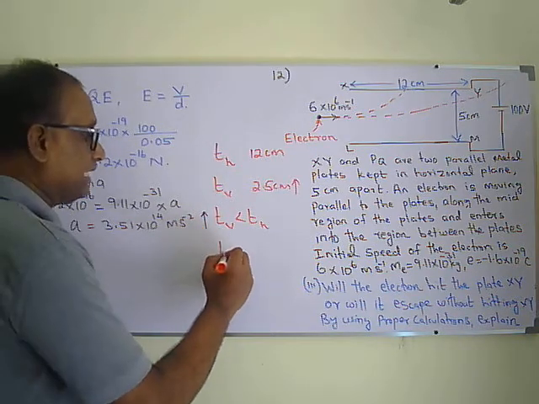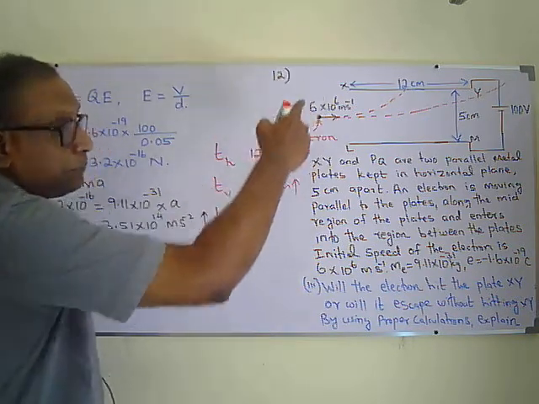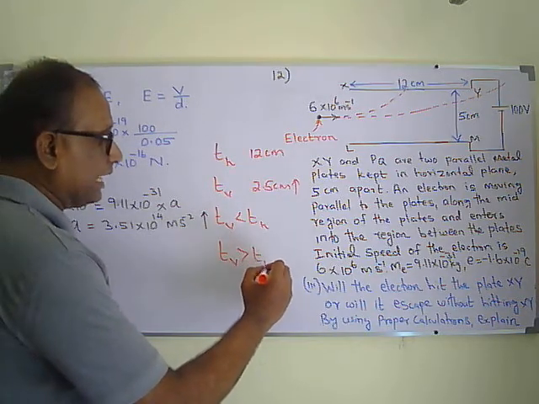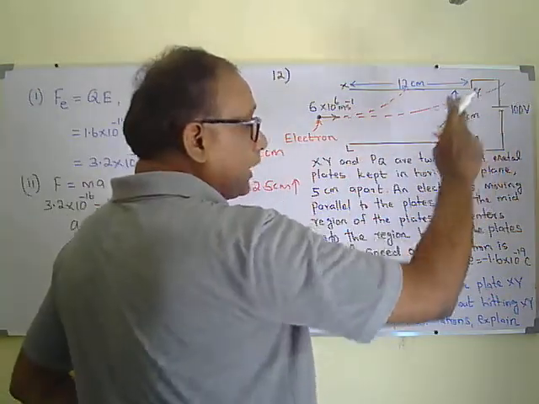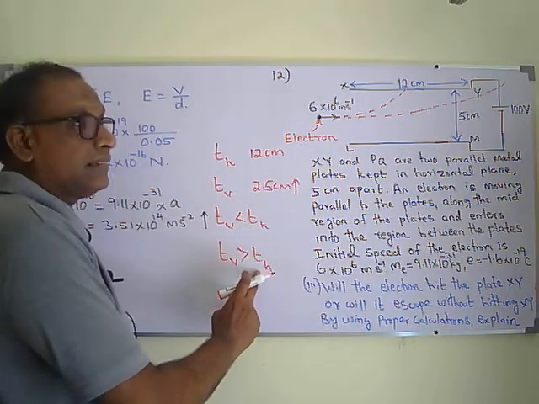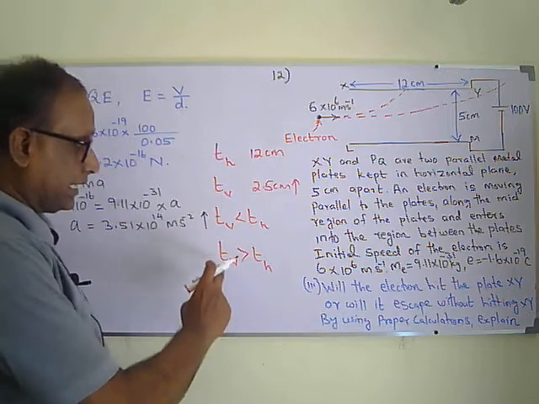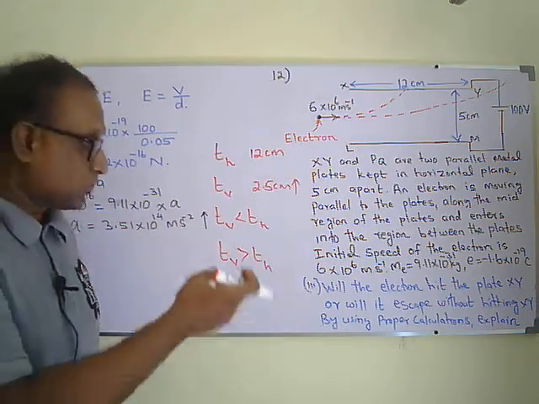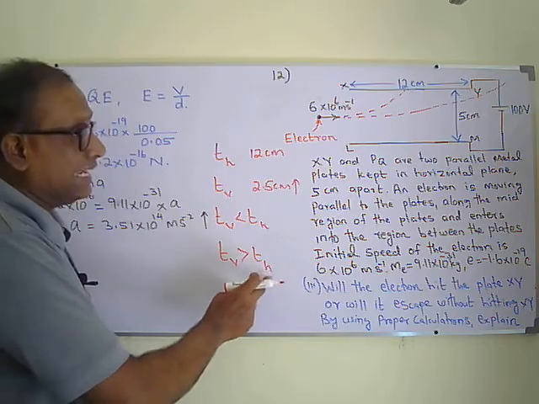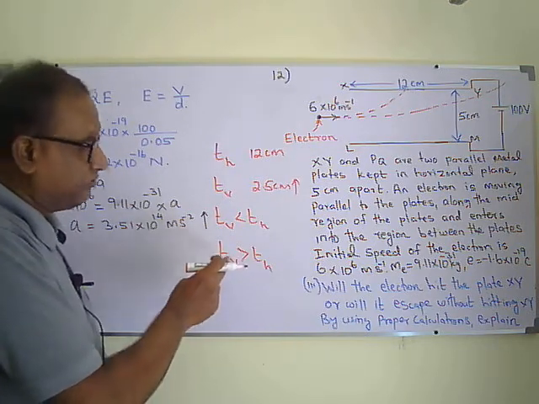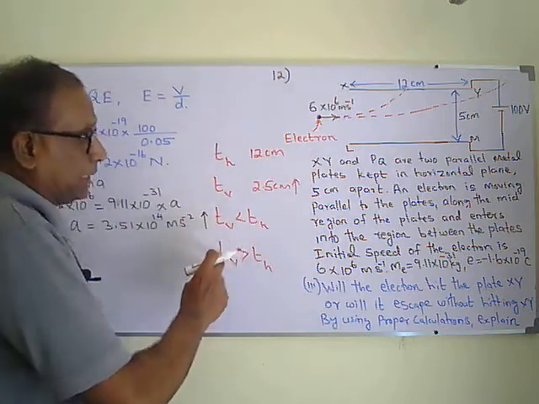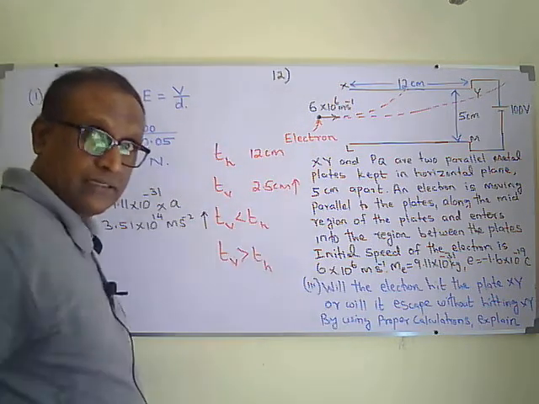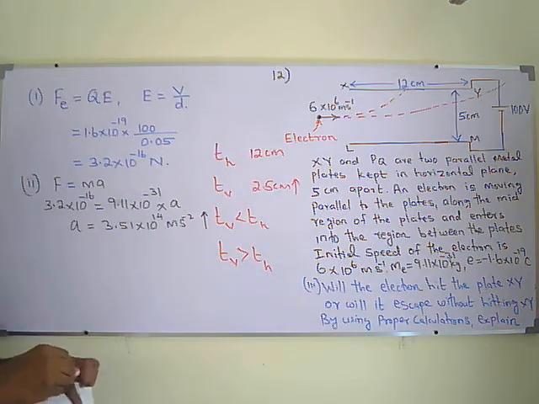If TH, the time taken to complete 12 centimeters horizontally, is smaller than the time taken to reach the plate XY, then that happens first. It will complete 12 centimeters before moving 2.5 centimeters towards the plate, so it will go out of the plates. Either method I can follow.